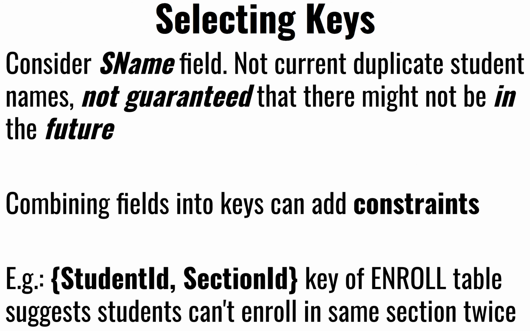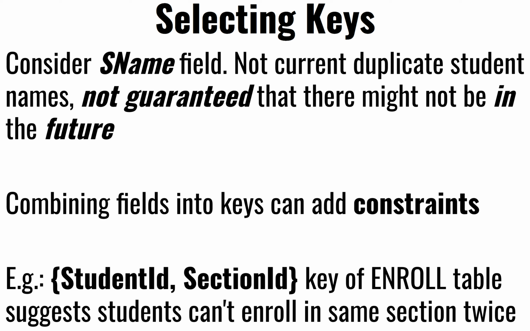Other times, these keys or combinations of fields we might use to enforce certain restrictions or constraints, right? We might not want to allow a student perhaps to enroll in a section more than once. So even though it might not make it any more unique, it can be used to enforce some business rules, where you might say, well, it makes no sense for the student to be enrolled in the same section more than once.